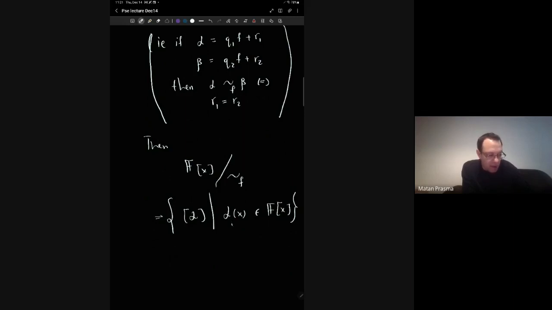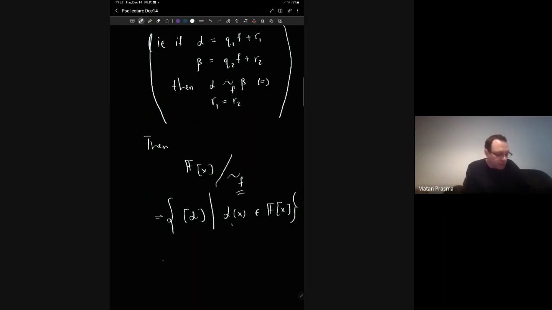It could be of a degree bigger than the polynomial f, or smaller. But once I do long division of alpha by f, the remainder that I get is by definition always of degree smaller than f.